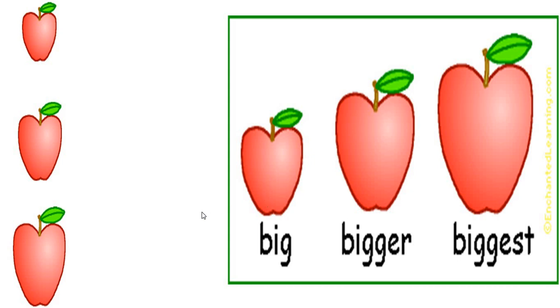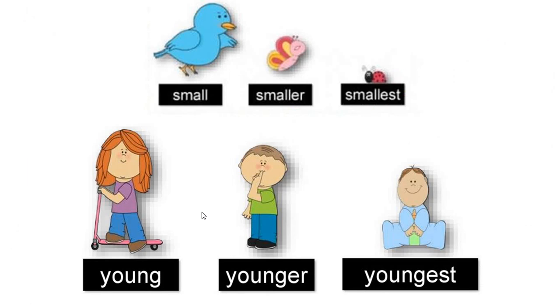Let's see some more examples. Look at this bird, butterfly, ant, or it is a fly or something. It is small. Bird is small. Butterfly is smaller than the bird. It is smaller, and this one is the smallest. Okay, this is the smallest among these all.